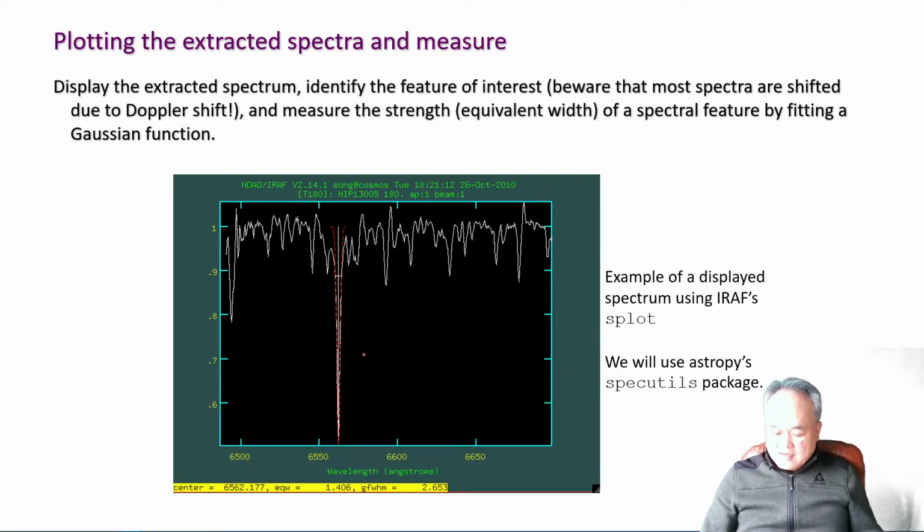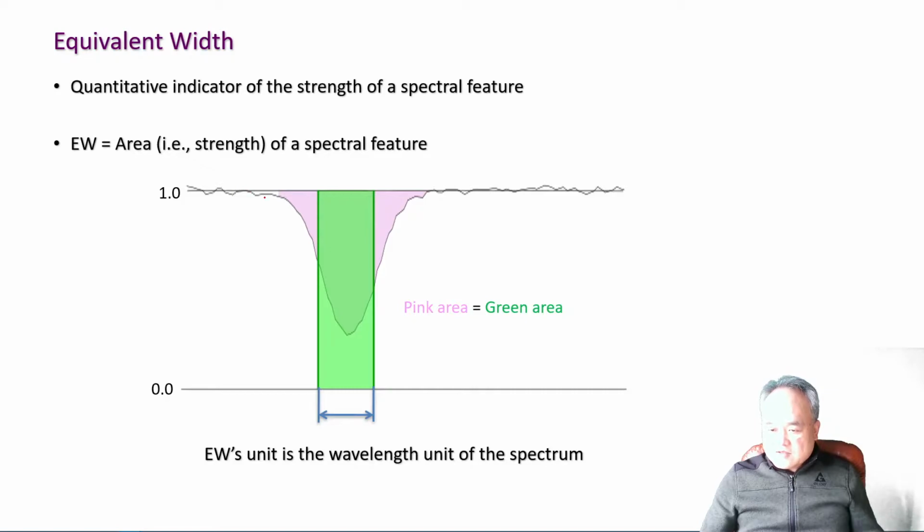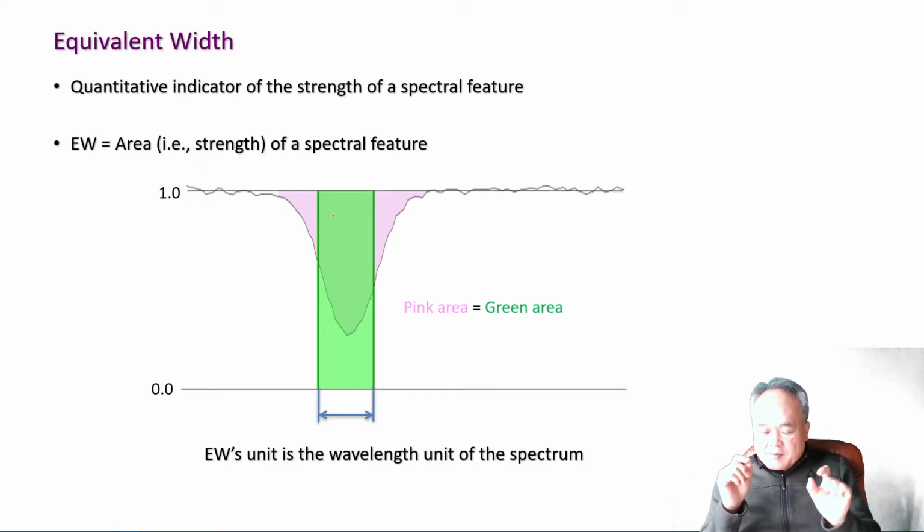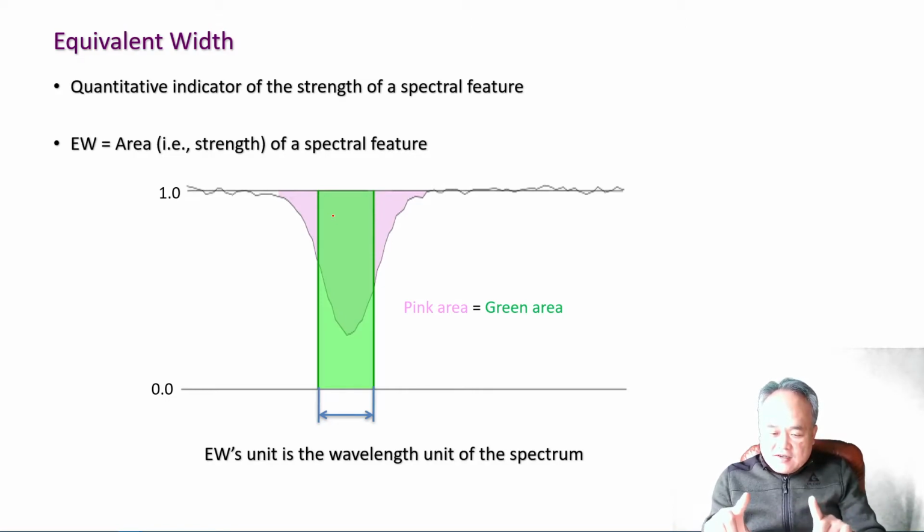What does that mean? The equivalent width of the spectral feature is basically the area under that curve. Instead of the curved shape, which changes based on the rotational broadening of the stars and whatnot, similar to the bandwidth calculation for the filter response function, we create an equal-area rectangular shape.